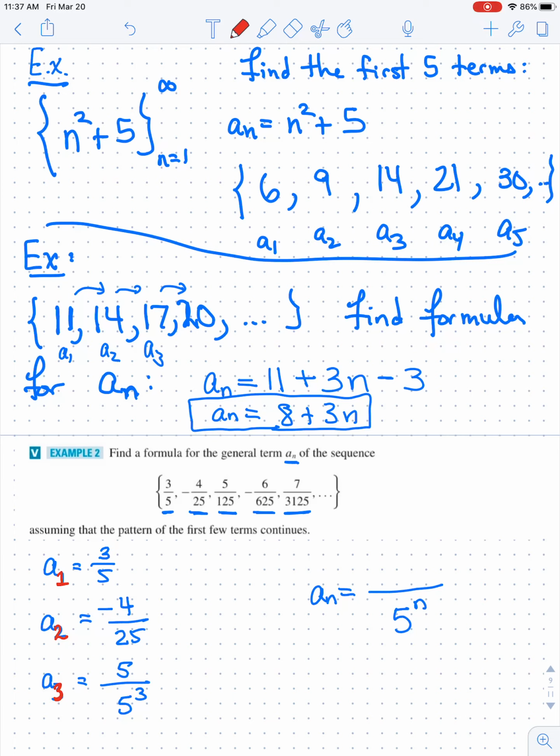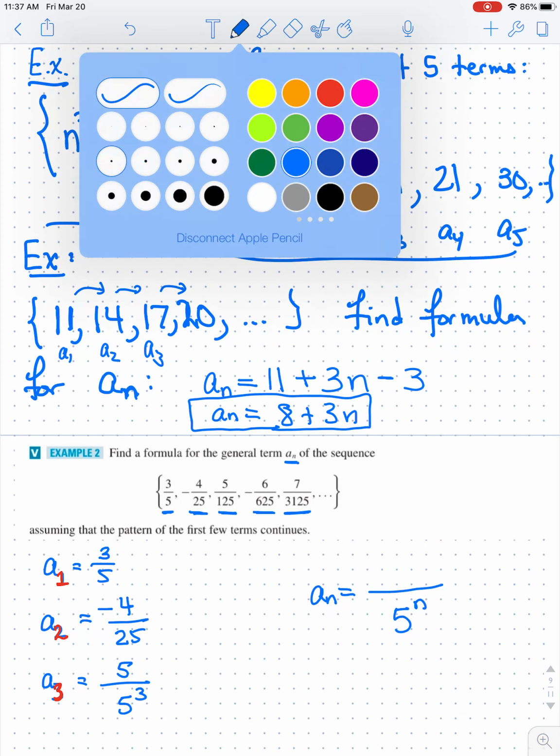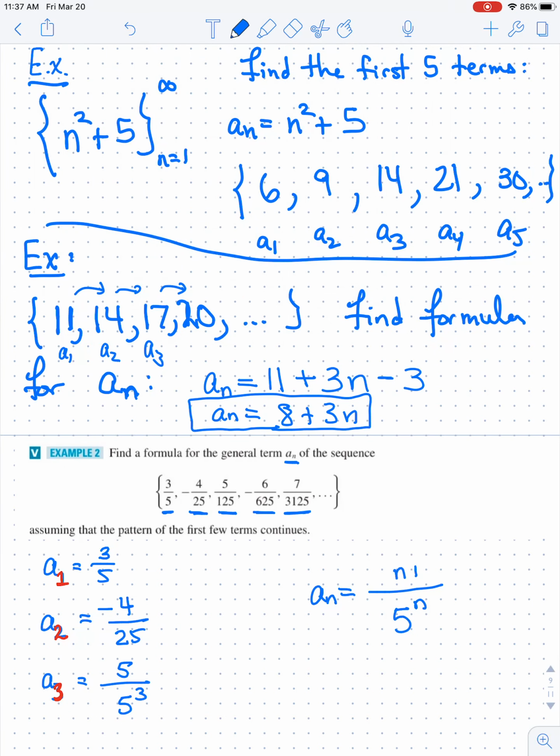So I look at that and I see the pattern. Well, it looks like it's just 2 more. So it looks like I just want to add 2 to n. So n plus 2. And let's see. So when n is 1, it's going to give me a 3. When n is 2, it's going to give me a 4 and a 5 for 3. And now everything is right except for the pluses and minuses.